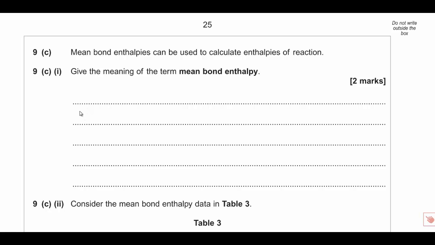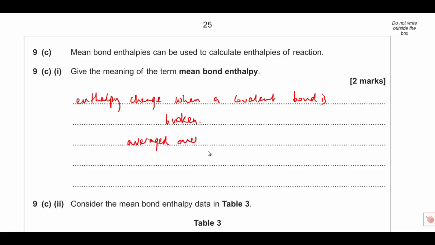So it's the enthalpy change when a covalent bond is broken, averaged over a range of compounds.